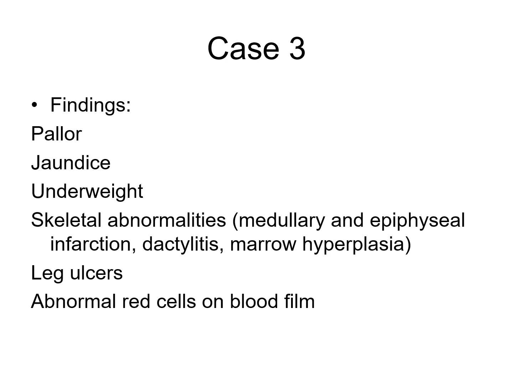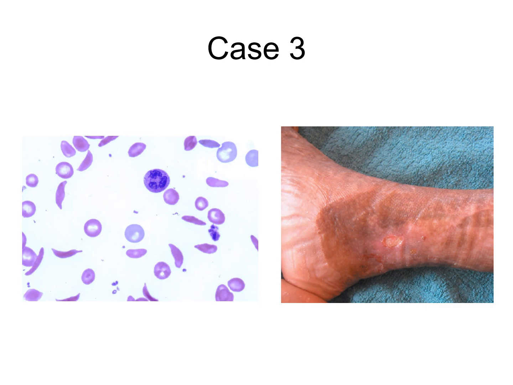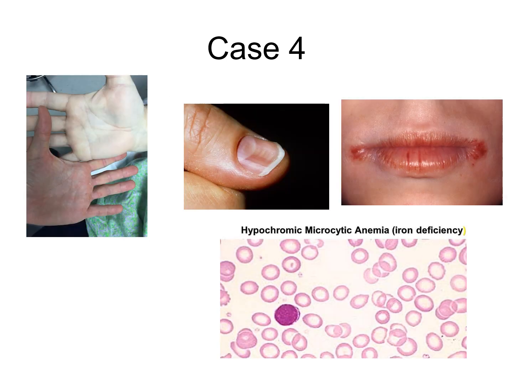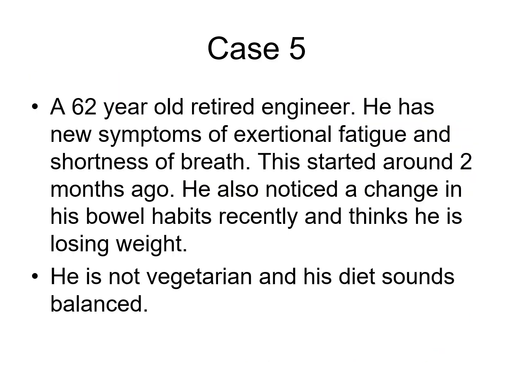leading to some skeletal abnormalities and leading to repeated attacks of pain in the back and shoulders. She has had 3 pregnancies within a short period of time, and also she's losing blood with her menstruation every month. We could easily think or predict what's the condition given the findings that we have presented now. Blood loss through the GI tract associated with some weight loss and altered bowel habits.